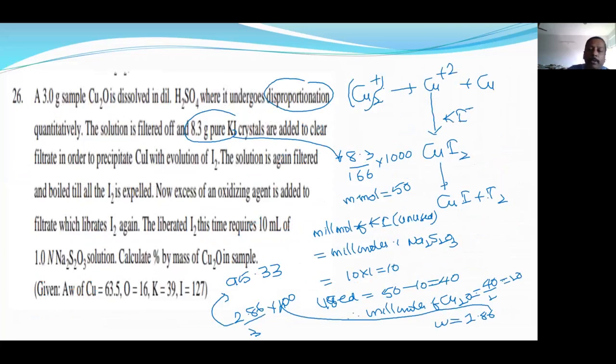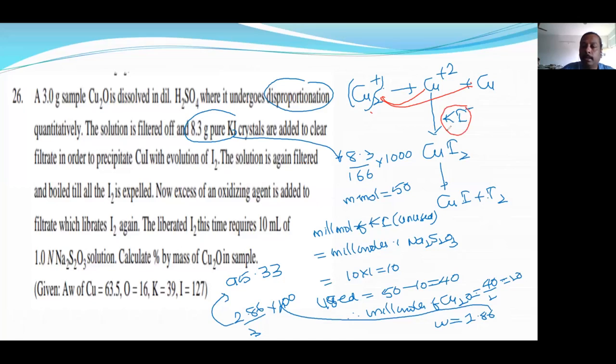Next, let us move to the next integer type question. The key points where you have to be very careful are already circled. Disproportionation: copper is oxidizing to +2 and reducing to Cu plus. Our intention is to find the Cu2+, and for that we have added KI.